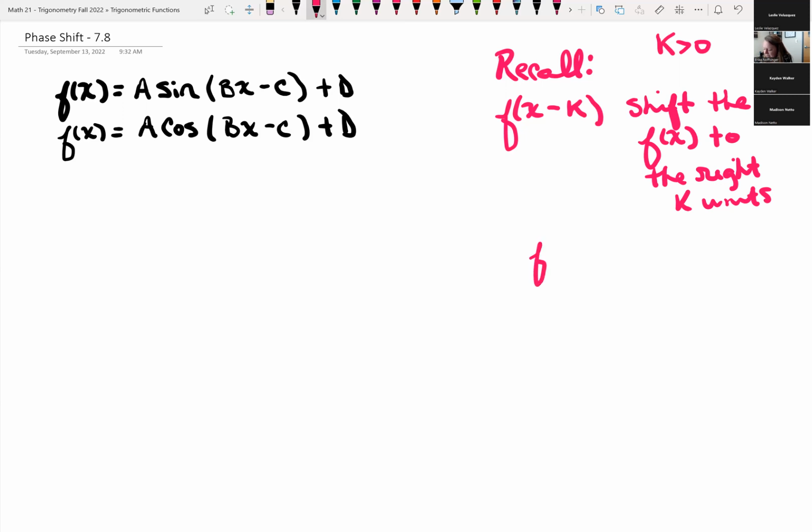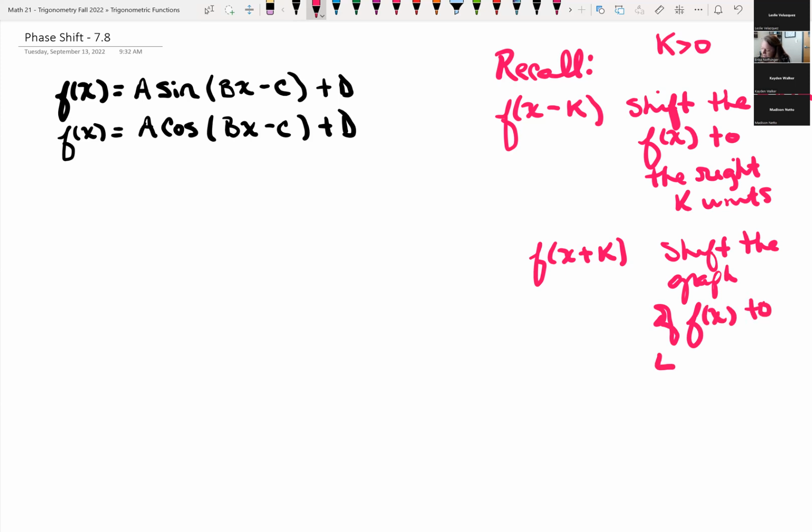Where if we had f of x plus k, where k is a positive number, this would shift the graph of f of x to the left k units.